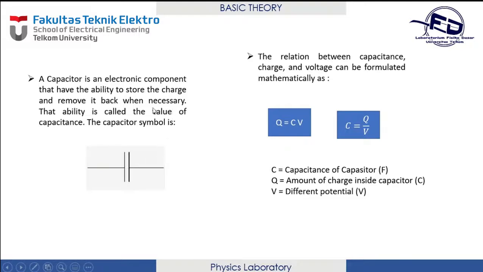So we know from this definition that the capacitor's function is to store the charge, just like a bowl that can be filled by water, and we can use it anytime, whenever we want to use the capacitor, okay?